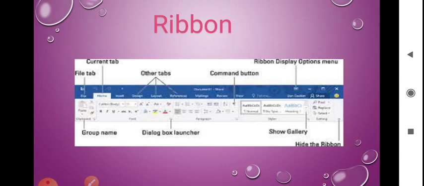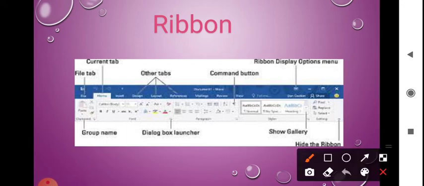That is known as the ribbon. Now see the file tab, you can see it in the picture. Now the tab which is highlighted is your current tab. Here it is the Home tab. This full portion is your ribbon.